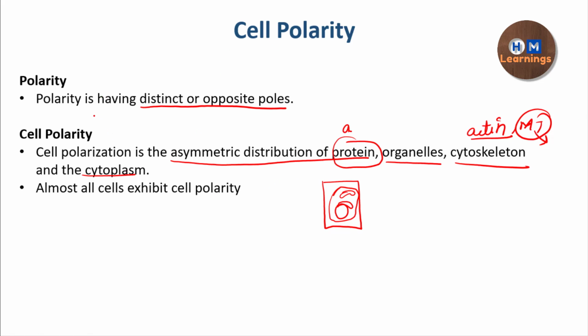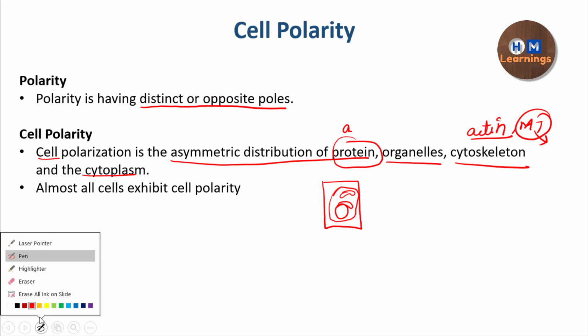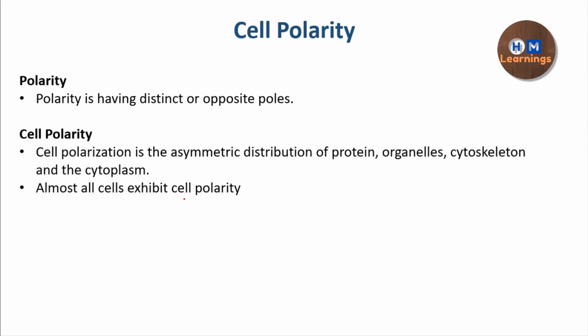So it's not only the other parts, but the cell shows polarity in terms of the distribution of the protein, organelles, cytoskeleton, and the cytoplasm. Now the next question which comes to mind is, do all cells exhibit polarity?